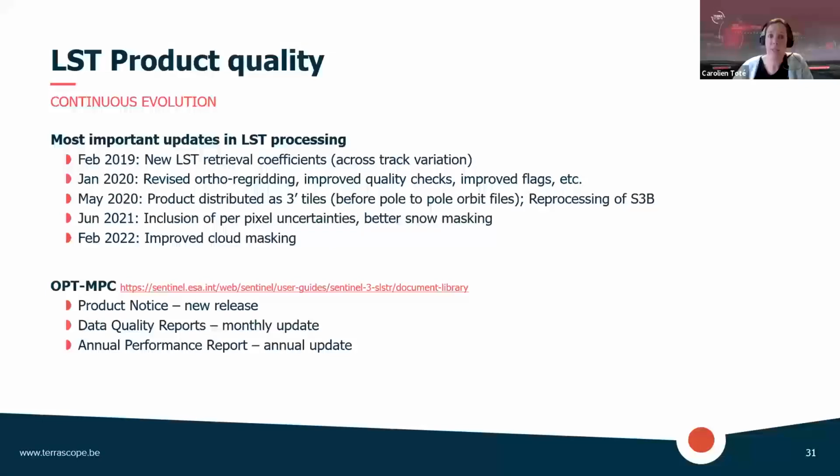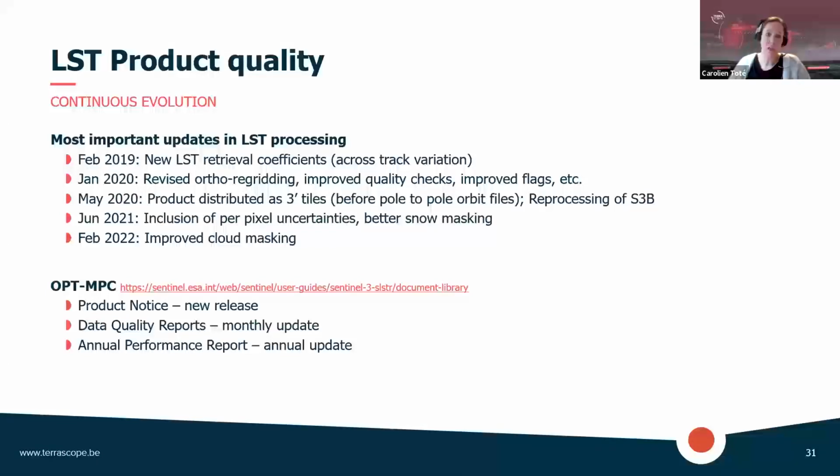At that time, they did the reprocessing for Sentinel-3B. So for Sentinel-3B, it's 3-minute segments over the entire archive. From June 21, the product includes the per pixel uncertainties, and they also improved the snow masking. And in February 22, they improved the cloud masking.